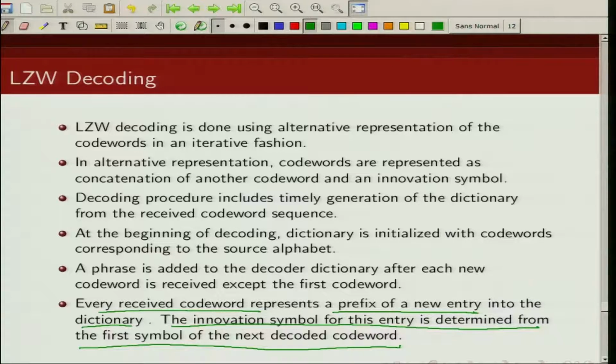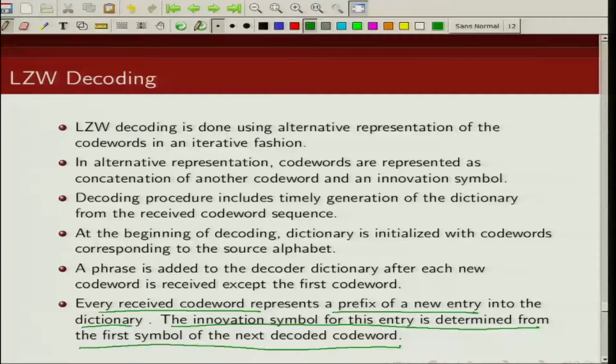If you recall, when we were encoding using LZW, we were putting a new string into the dictionary which is not already there, which is a concatenation of some string which is already there plus an innovation symbol. This new innovation symbol was getting encoded in the next phrase. That's why the innovation symbol for an entry can be determined from the first symbol of the next decoded code word.